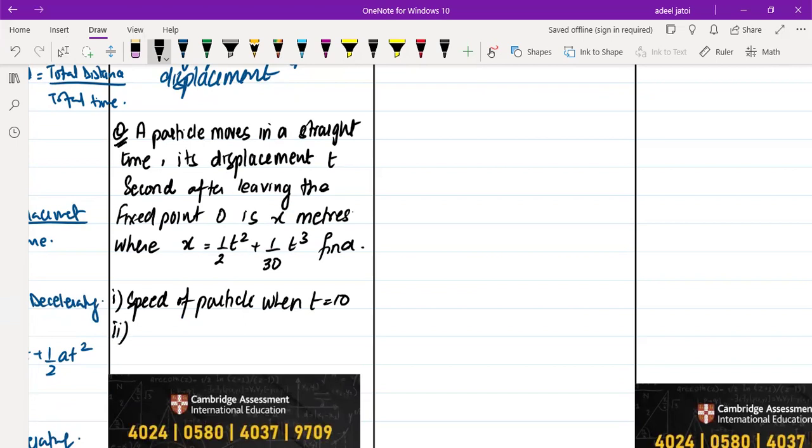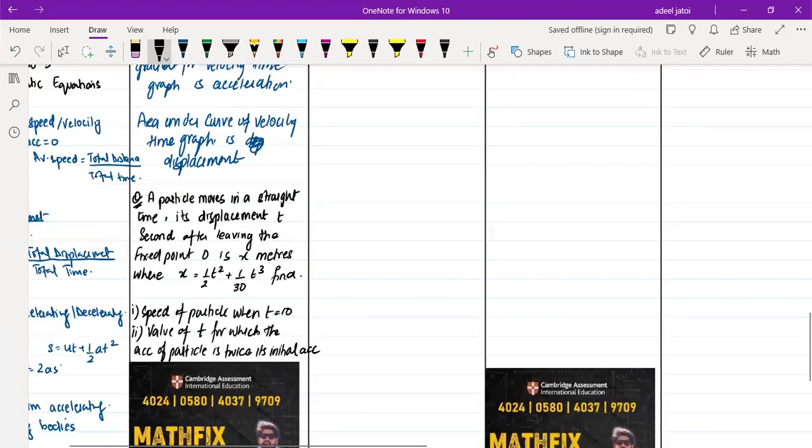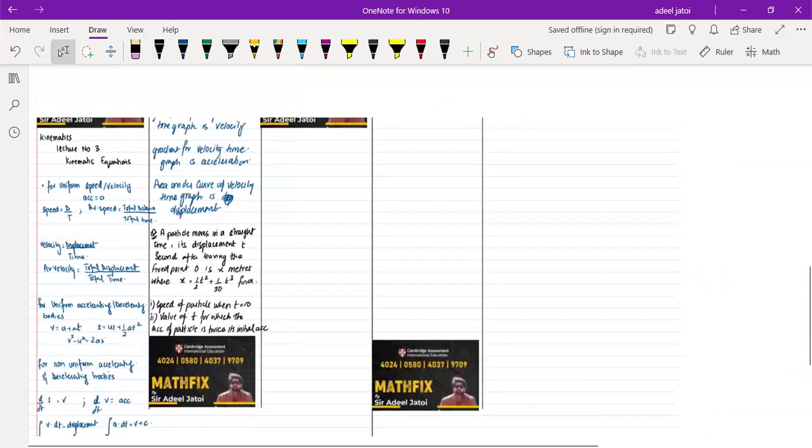Number 2, value of t for which the acceleration of particle is twice its initial acceleration. So now this is your question for the kinematic equation.